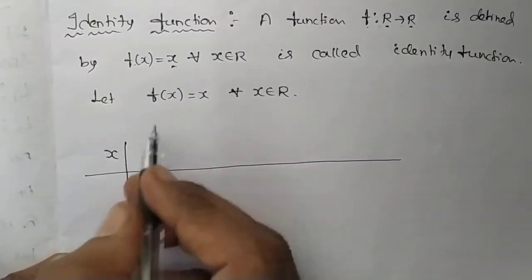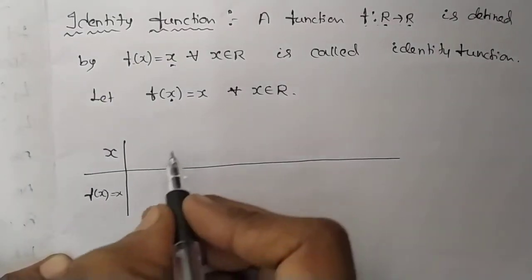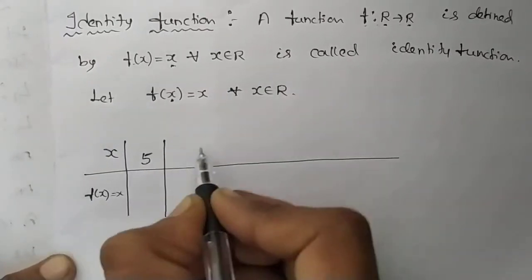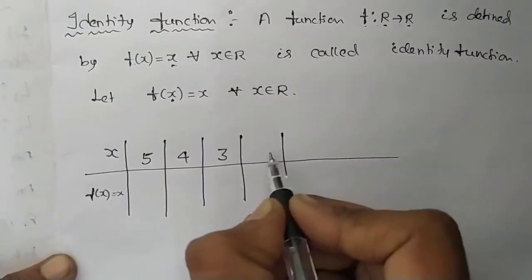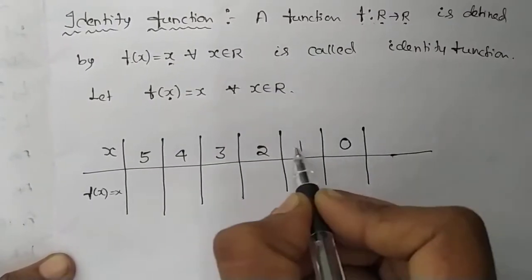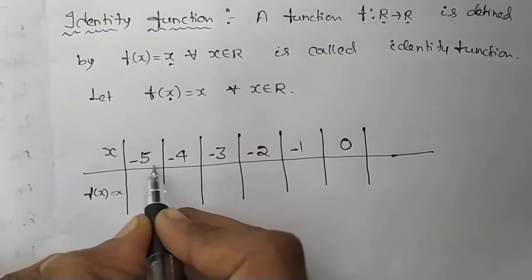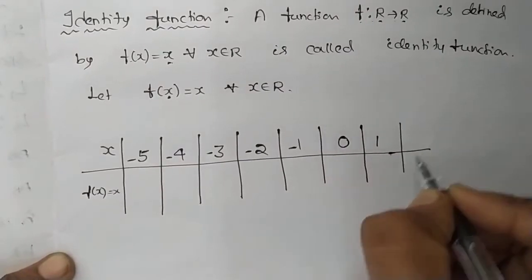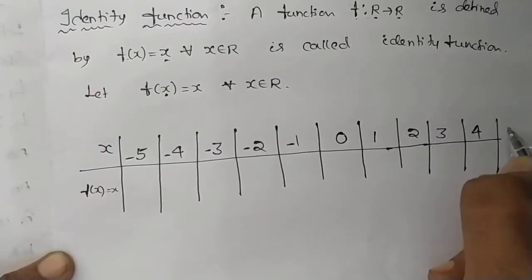It is x, and it is f of x, that is f of x equals x. 5, 4, 3, 2, 1, 0. So these are the negative values: -1, -2, -3, -4, -5, -6, -7, -8, and so on. These are the positive values: 1, 2, 3, 4, and 5.